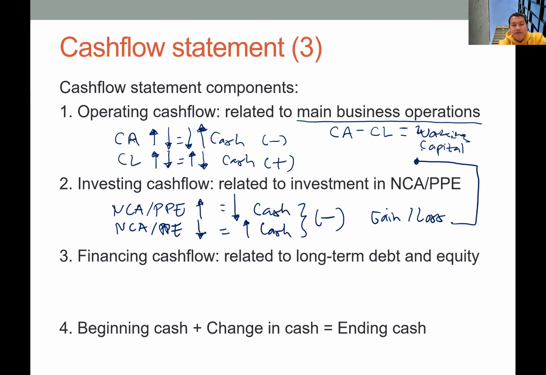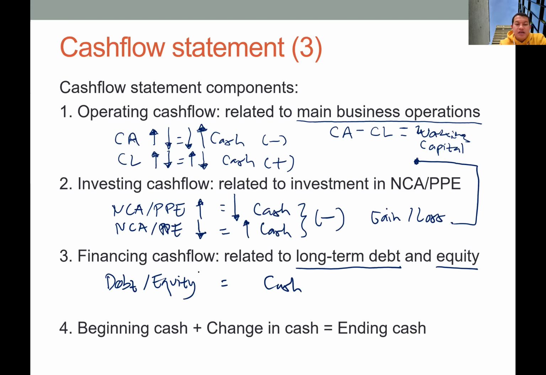Okay, lastly, we have financing cash flow. This section will capture the alternatives that companies use to finance their assets or their operations. They can either use long-term debt or debt financing, or equity financing. So we'll observe a relationship between debt and equity and cash in the financing section.